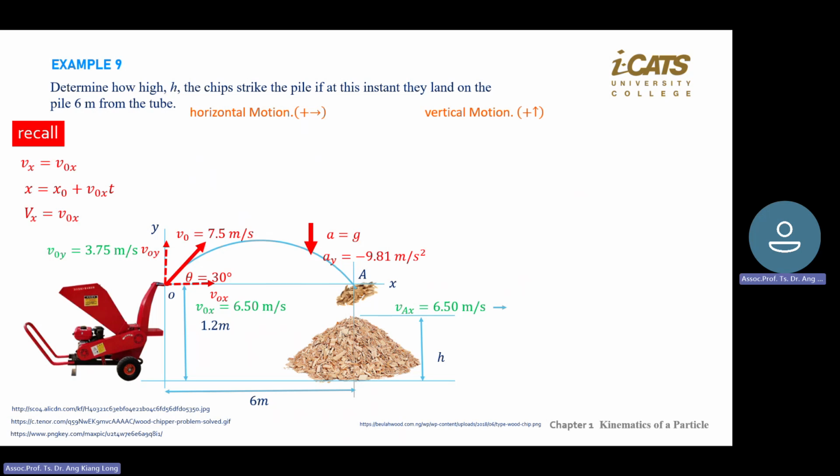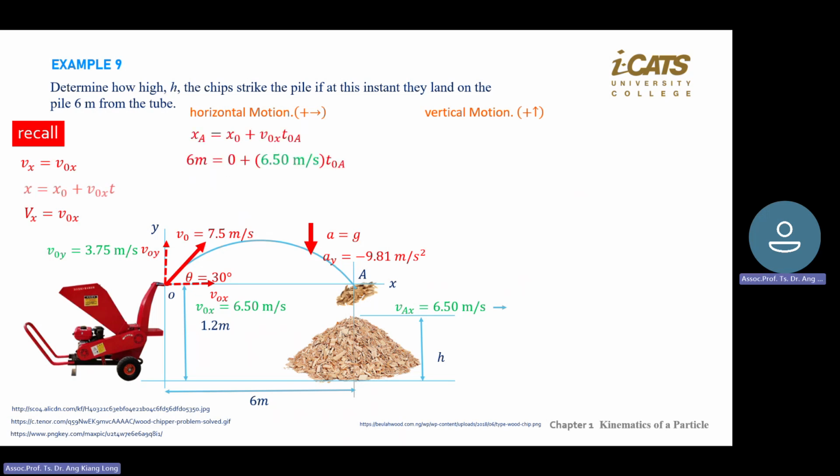Then this one, in X direction, you know the distance, right? It's 6, positive, because it's moving to the right. If I flip the question, give you the same X and Y, but I throw to the back, then my X will be negative. But it doesn't make sense.